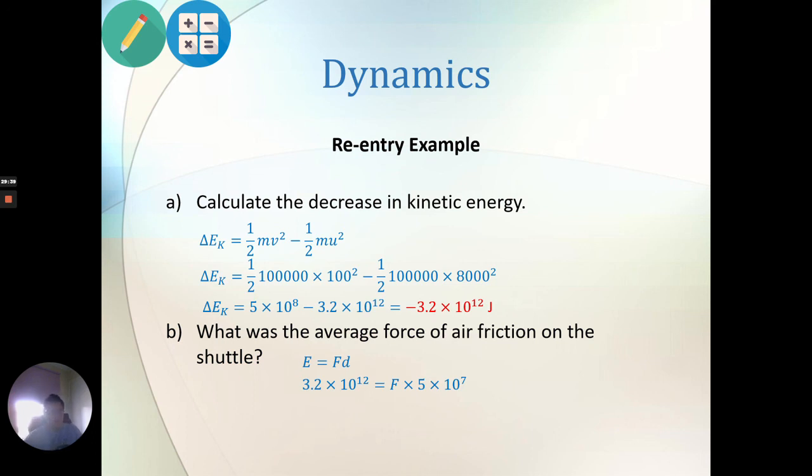So that equals F times 5 times 10 to the 7, because it travels that distance through the atmosphere. We rearrange it, and we find out that the force of friction was 64,000 newtons. Now this last bit was quite a hard wee bit to finish on.